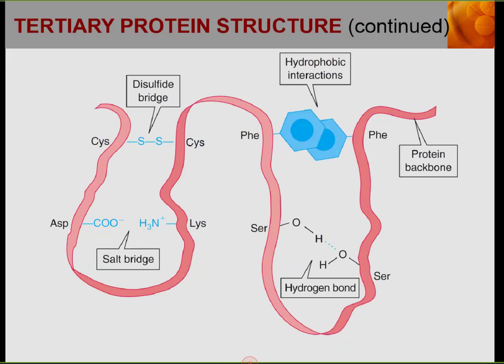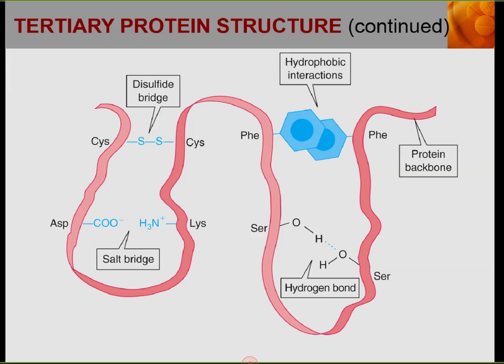And that helps to define the structure of that particular protein. Salt bridges can exist also. If the protein has a charged base amino acid and a charged acid amino acid, the negative and positive charges can attract each other and form a salt bridge. The example here is aspartate and lysine.